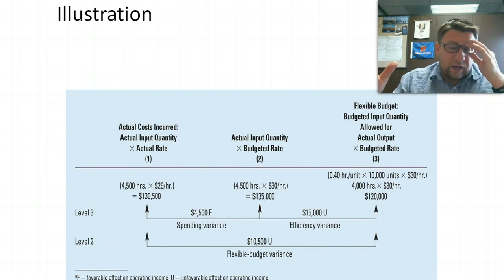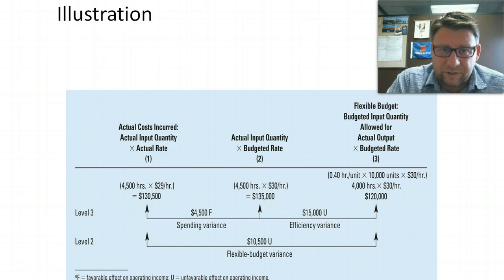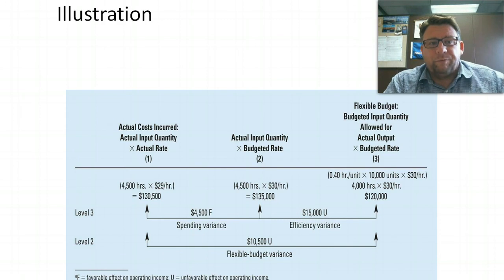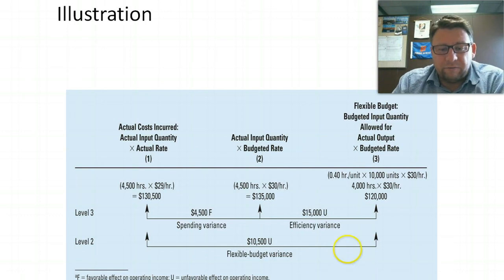We used something less expensive. We hired a cheaper janitorial service. We bought cheaper toilet paper or something like that. And so we have this favorable spending variance, but they weren't as fast cleaning, or we went through the product much quicker, and so our efficiency was unfavorable.